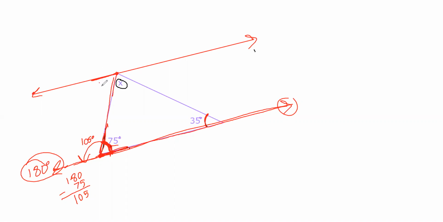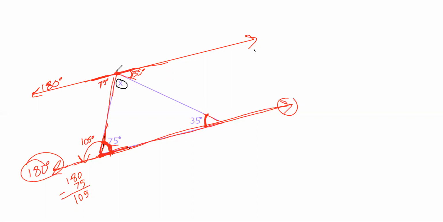So this angle is 75 degrees. And then this angle, 35 degrees, is actually the inverse of this angle here. So this is 35 degrees. And we can think about this as a straight line, remember, is 180 degrees.